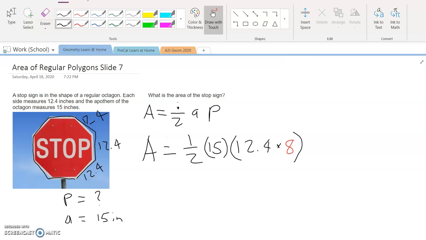All right, so if you type all that in your calculator, 1/2 times 15 times 12.4 times 8, on this one we end up getting 744 square inches. And it's much easier if you type it in a scientific type of calculator where you can see everything that you type in before you press enter.